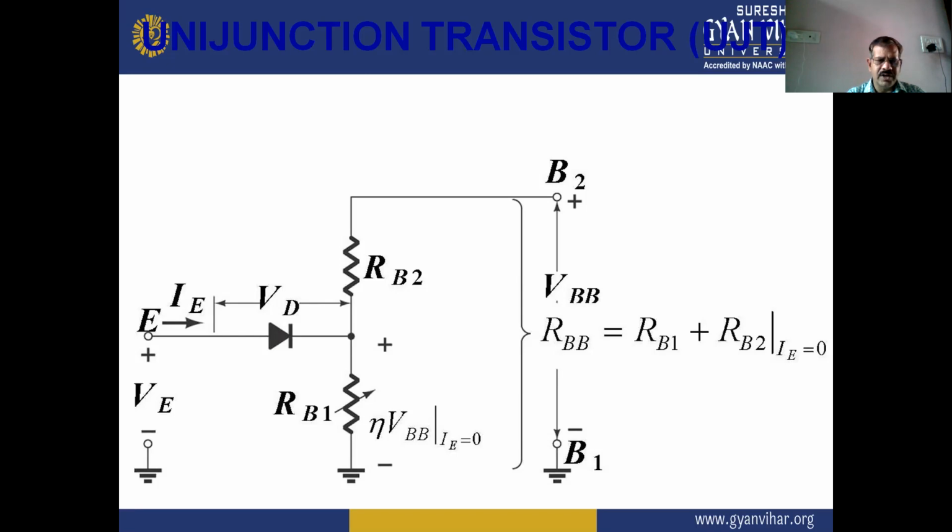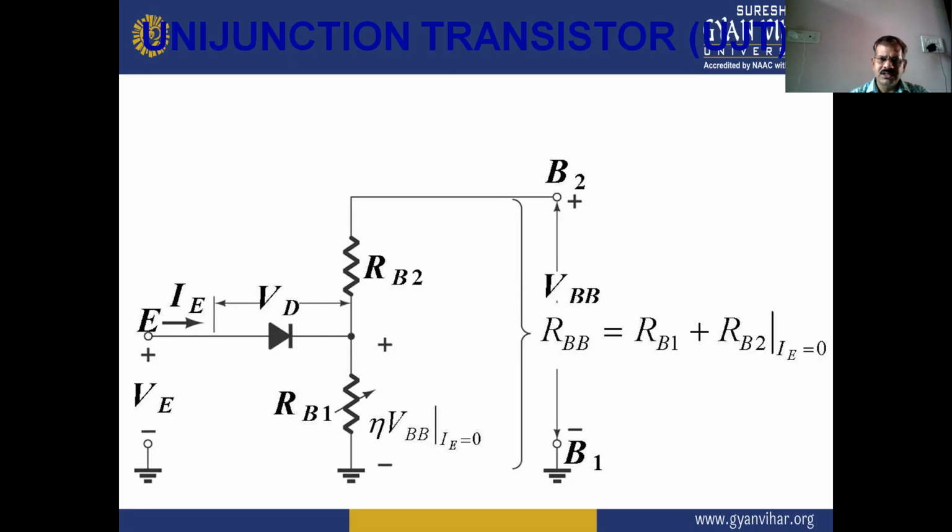The current flowing in the emitter is IE, the voltage across the diode is VD, and the voltage across RB1, the variable resistance, is eta VBB when the emitter current is 0.